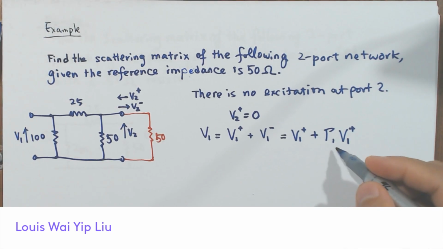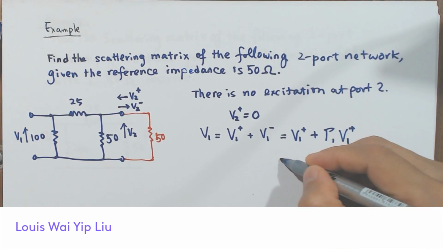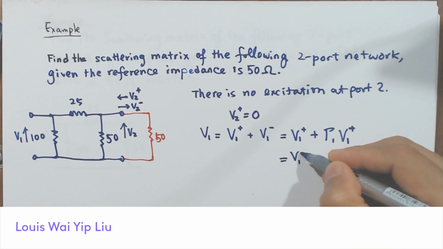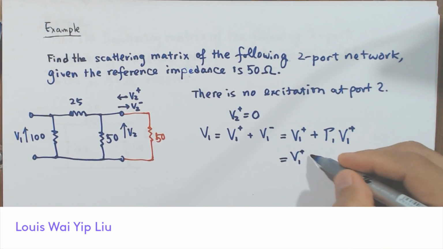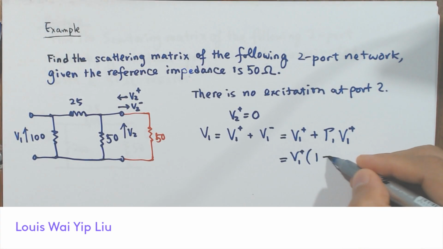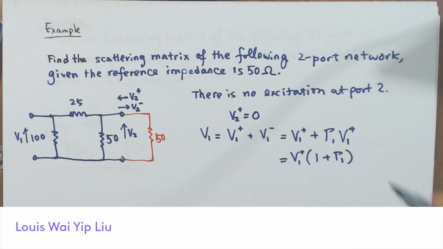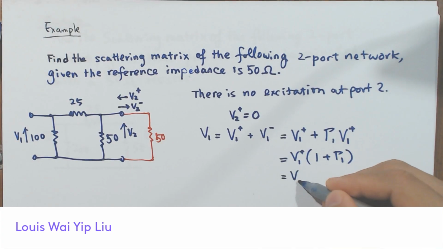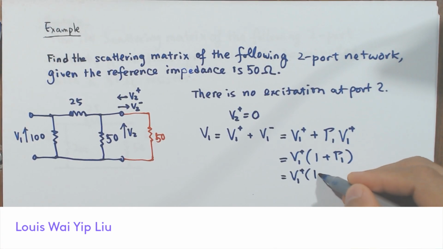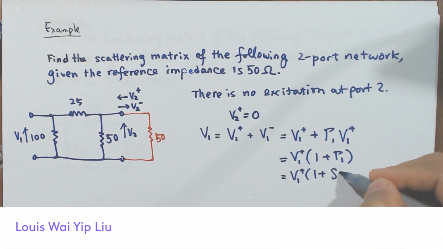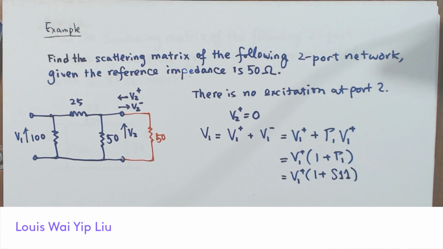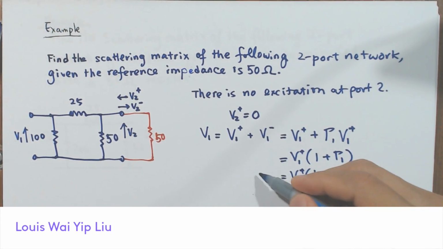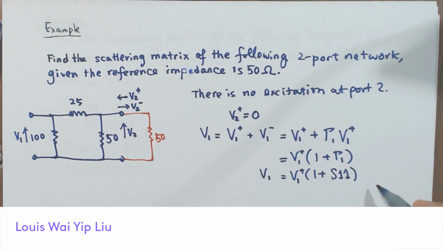Under this situation, V1 plus can be extracted and we end up with this formula. And this gamma 1 is actually S11. So we have one equation developed.